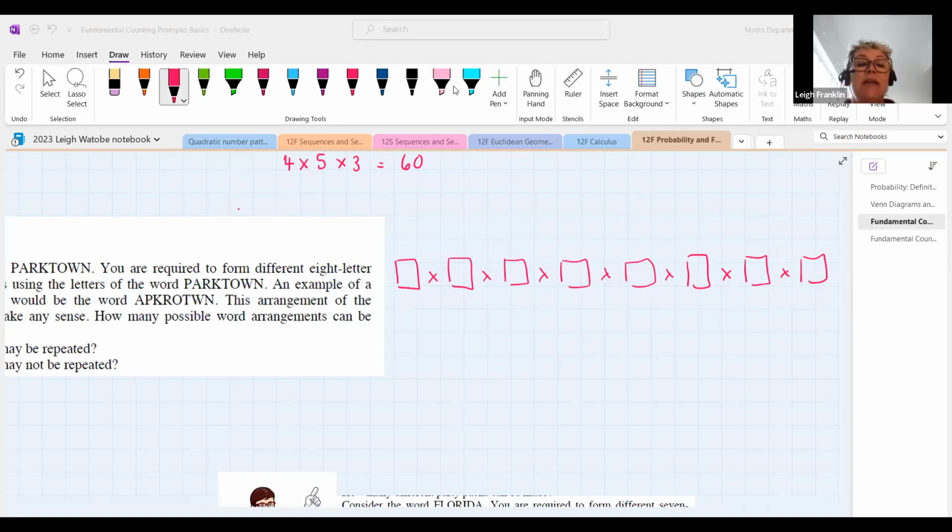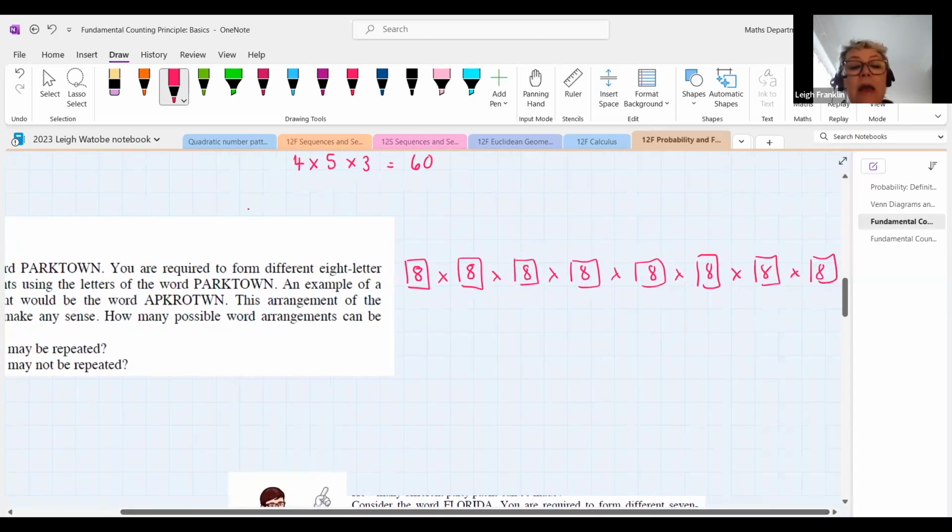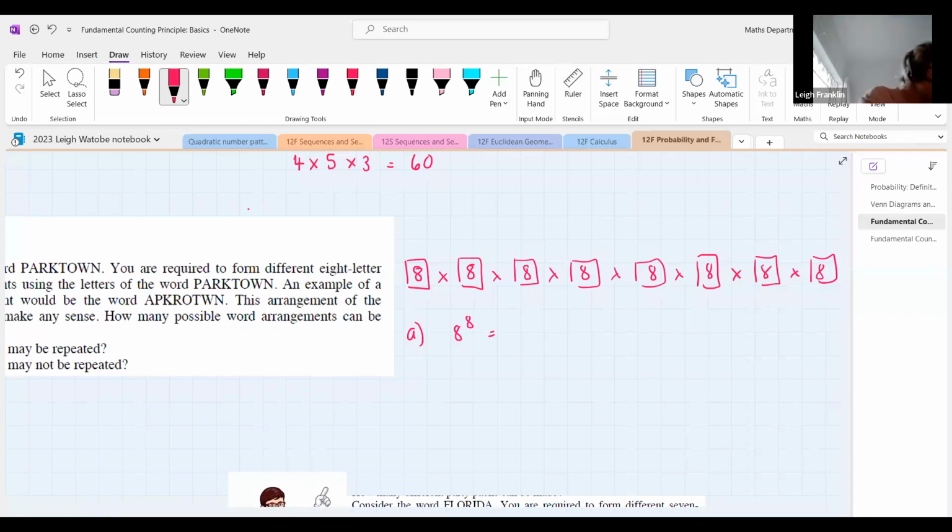Okay, and Hlandla says 8 to the power of 8. Absolutely. Now, where does he get this answer from? Well, because we can repeat the letters, it means we have a choice of 8 letters in the first block. Because we're allowed to repeat our letters, we've got 8 in the second, 8 in the third, 8 in the fourth, the fifth, the sixth, the seventh, the eighth. And that's why if they may be repeated, let's just go back. That was part A. It would be 8 to the power of 8, which is some huge, big, enormous number.